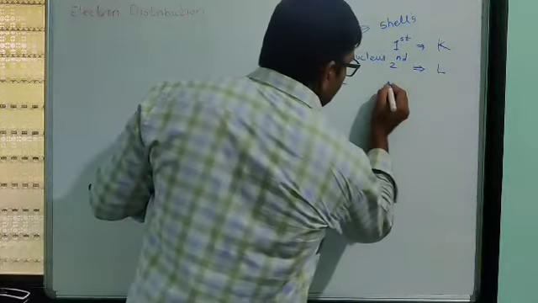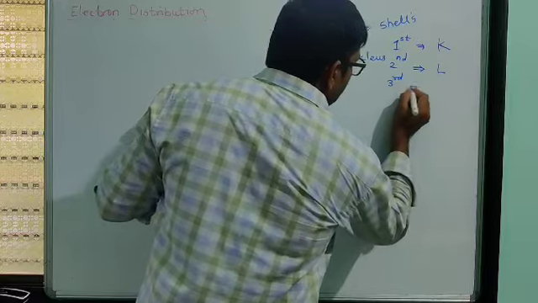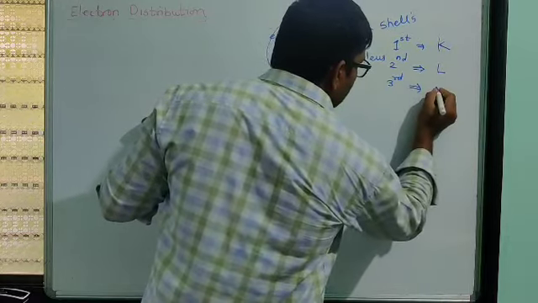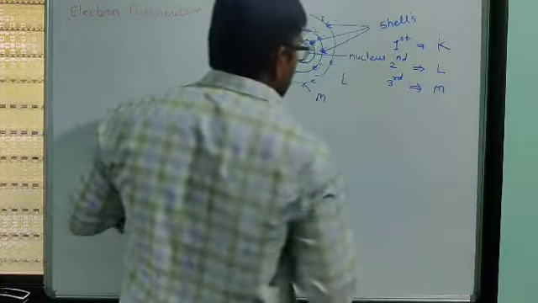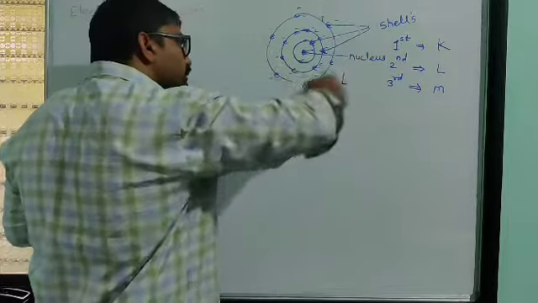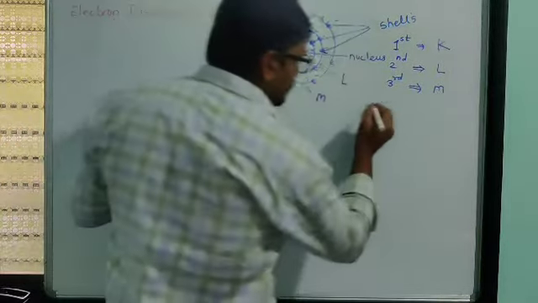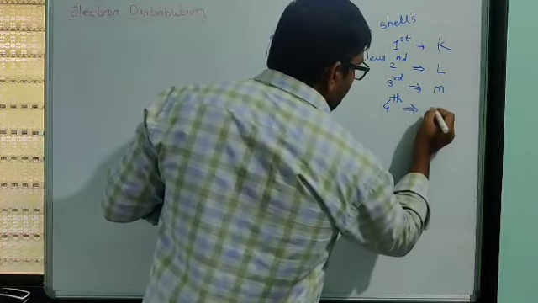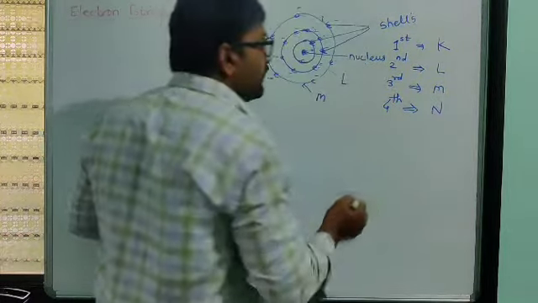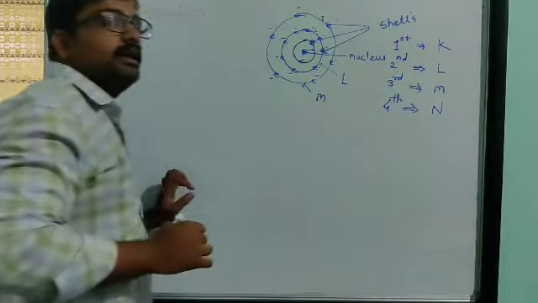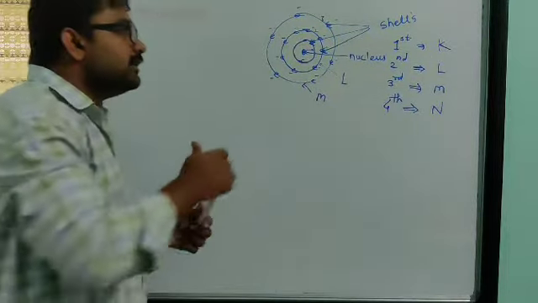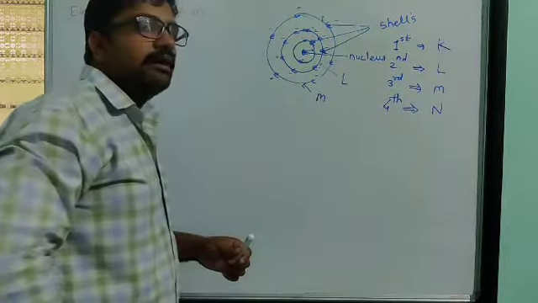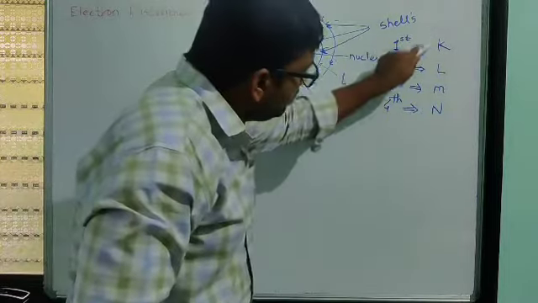M. The third shell is the M shell. Now suppose a fourth shell is there. Then the name of that fourth shell is the N shell, the letter after M. So numbering of the shells is given according to this order.